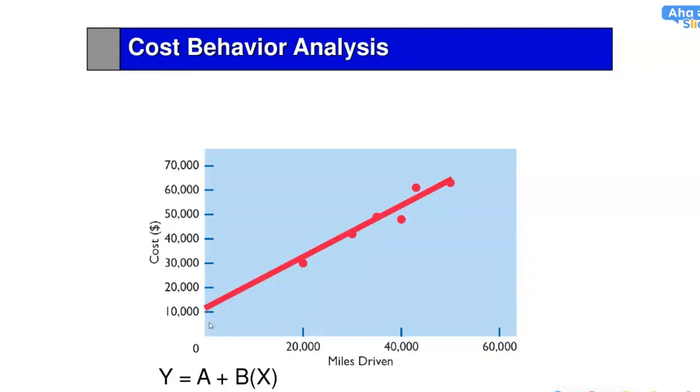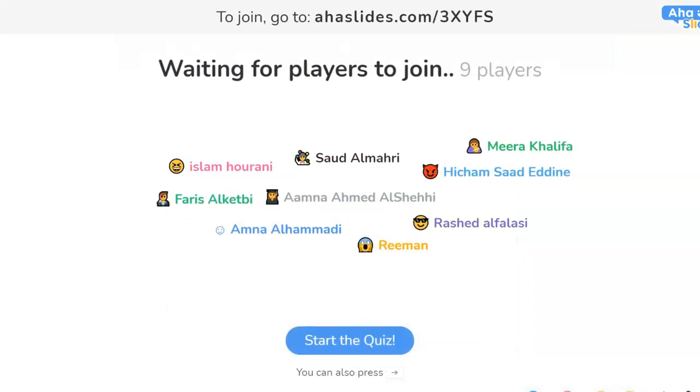And that portion would be the fixed, and the slope of the line is the variable. So basically what I've stolen from the mathematical people is y, which is what I want to predict, is equal to the fixed cost plus b, the variable cost, times x, which is the activity. Okay? So that's high-low. You shall be responsible for that.